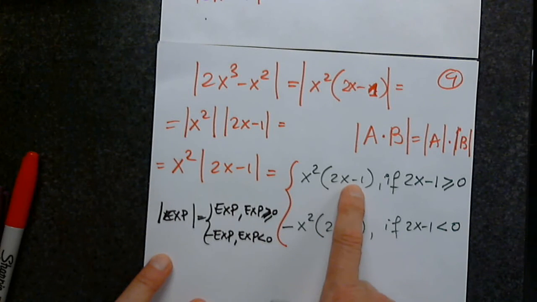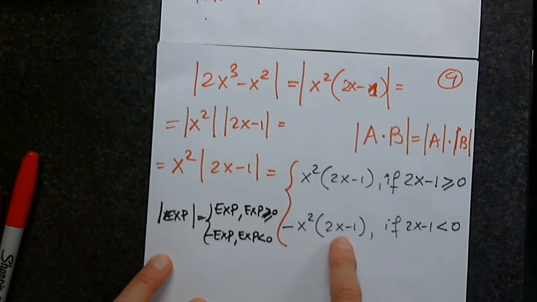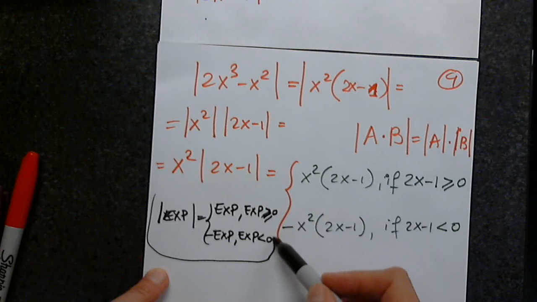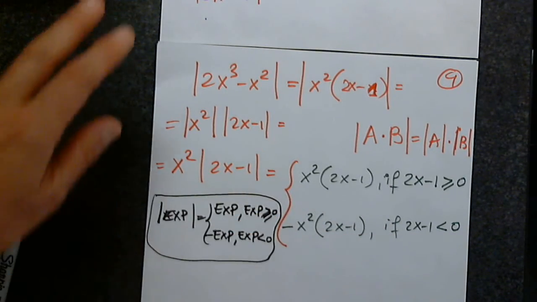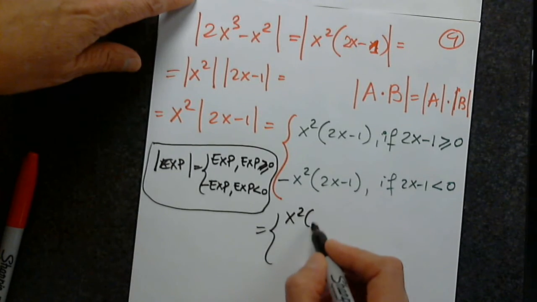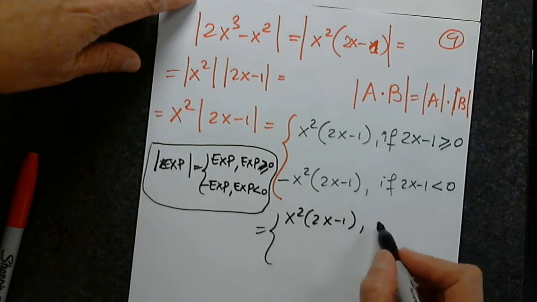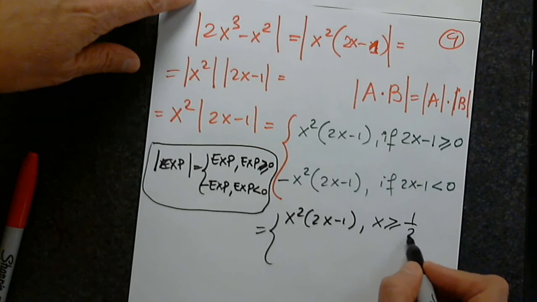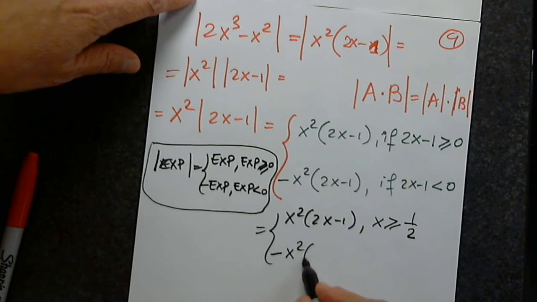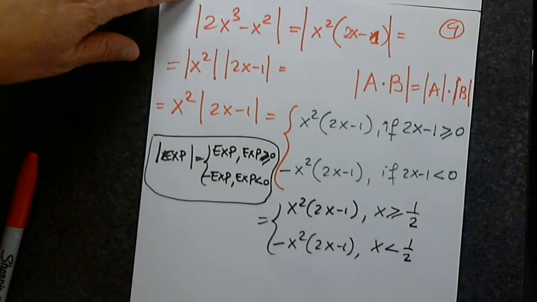Now I have to solve this: x squared times 2x minus 1 for x greater than or equal to 1/2, or negative x squared times 2x minus 1 for x less than 1/2.